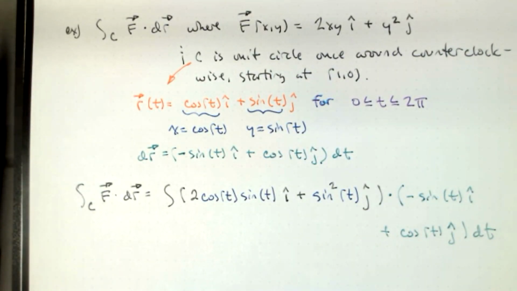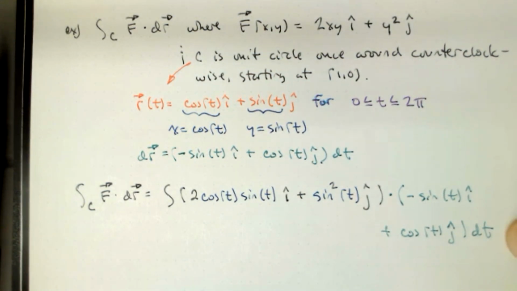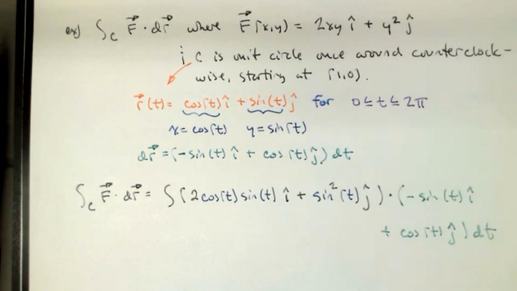Now that our integral is just a dt integral, it says what values of t are we going to be using in this calculation? t starts at 0 and ends at 2 pi.